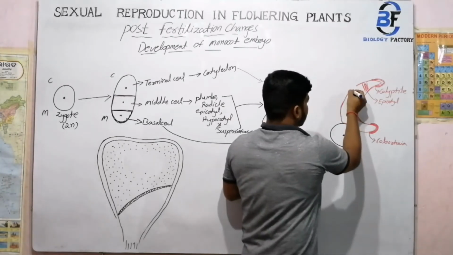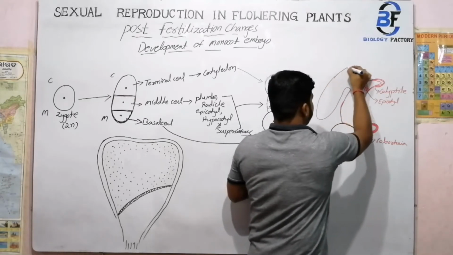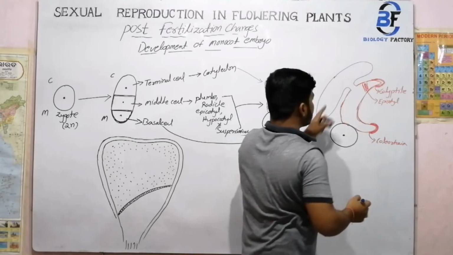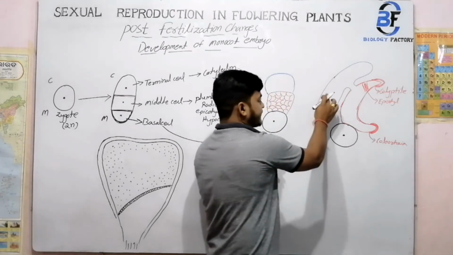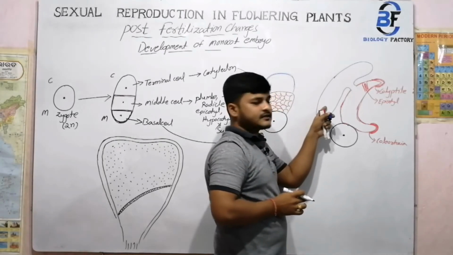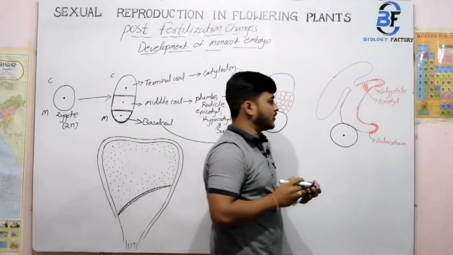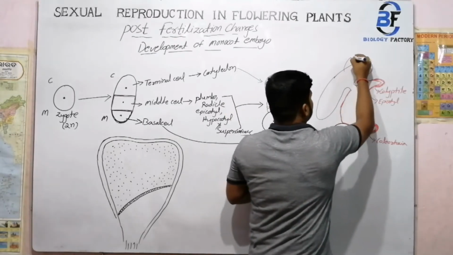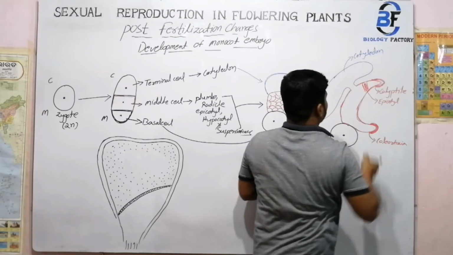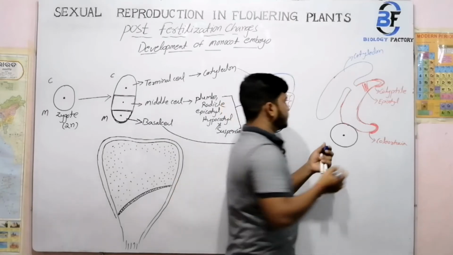Here is your cotyledon, and it is a single, papery, thin cotyledon. That means you mostly find this type of cotyledon in grass, and in grass it is known as a scutellum. So it is your cotyledon, and in grass it is known as a scutellum.